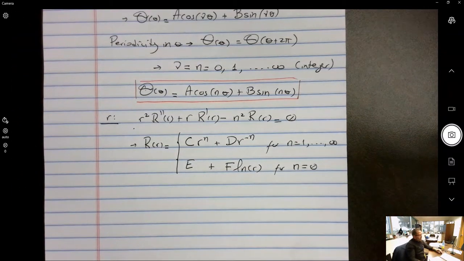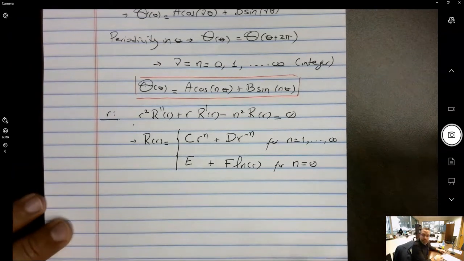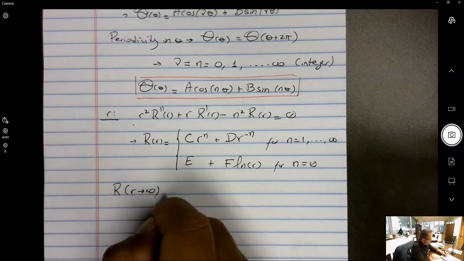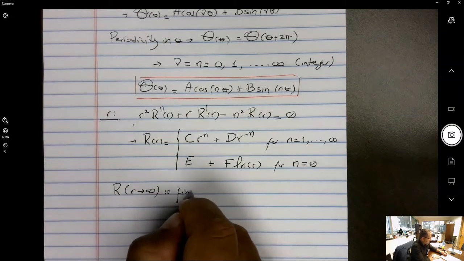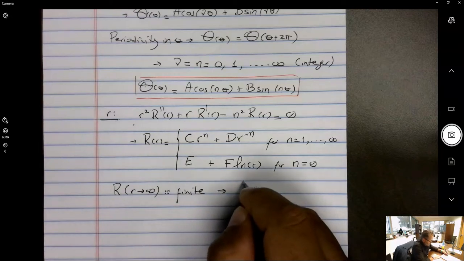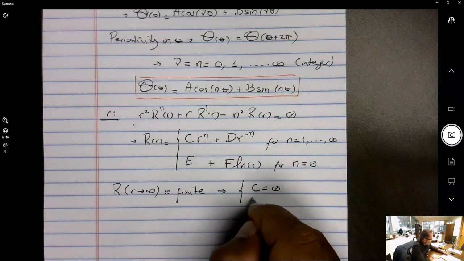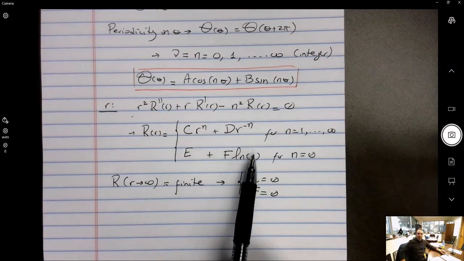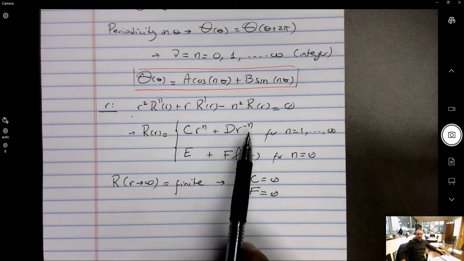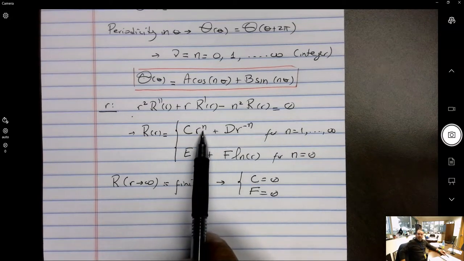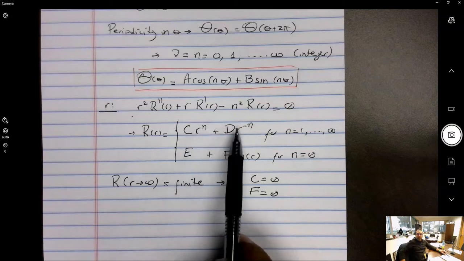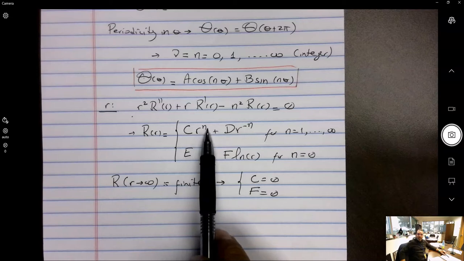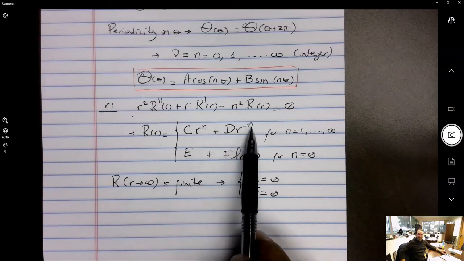All right? So one of the conditions is that the solution, as r goes to infinity, needs to be finite. And that simply means that c is equal to 0 and f is equal to 0. Remember that the log of infinity is infinite, and r to the infinity is also infinite. R to the infinity to any positive number is equal to infinity, but infinity to any negative number is equal to 0.